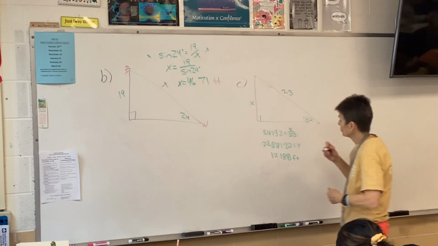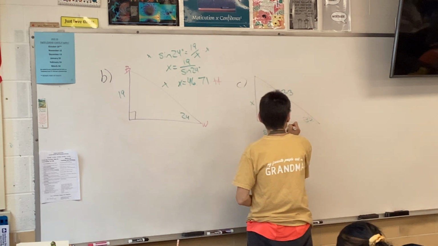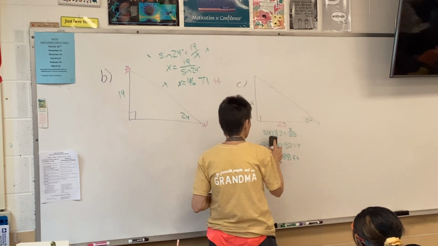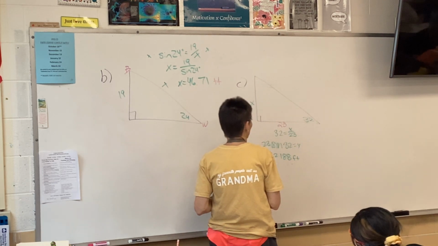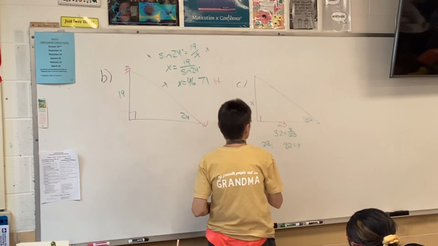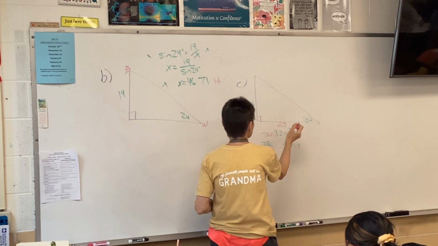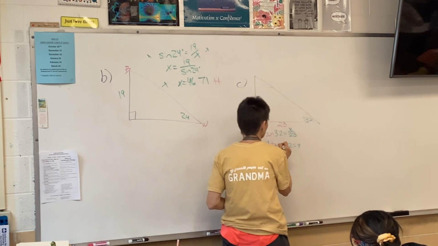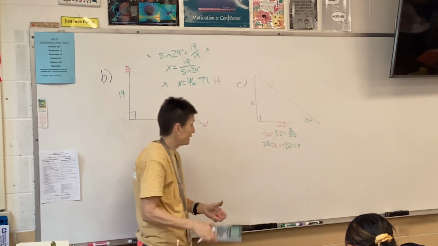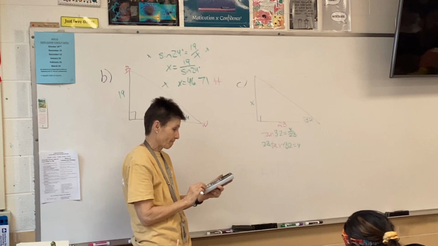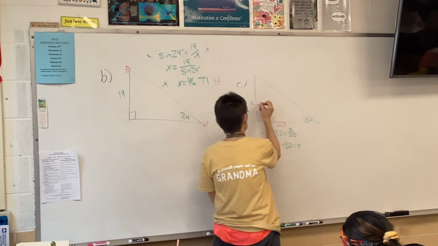So the 23 needs to be down here on the ground, which means that our function will not be sine, it will be tangent. So tan 32 equals x over 23. So 23 tan 32. Now, does that make sense to you? Yeah, I got it once I sat down. I got 14.37 feet.